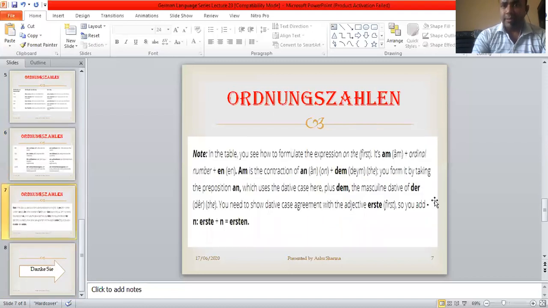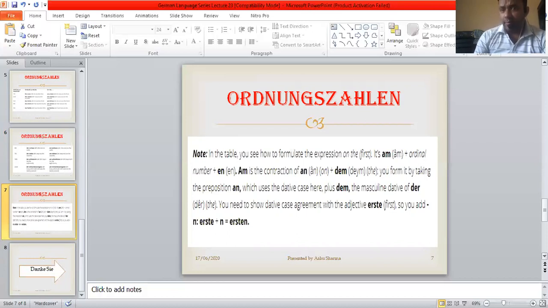Now here is a note. In the table you have already seen how to formulate the expression on the first. It's am plus the ordinal number plus n. Am is the contraction of an plus dem, and dem means the. You form it by taking the preposition an, which uses the dative case.